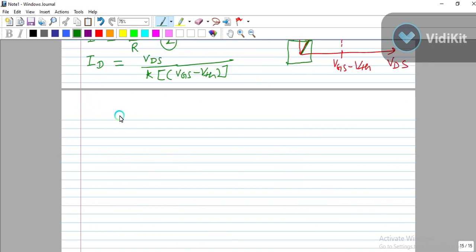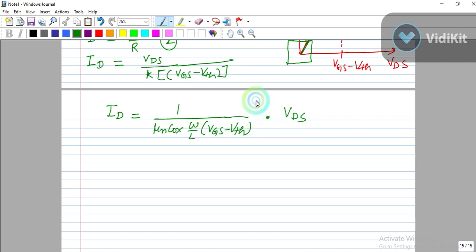Good. Now this is ID equal to 1 by, what is K? mu n COX W by L, then VGS minus VTH, and there it is VDS. We can write that equation like this also.